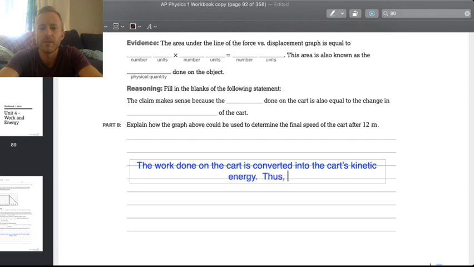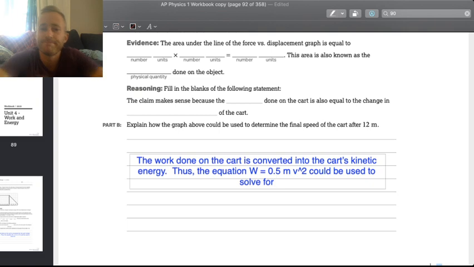Thus, the equation work equals 1/2 mv squared could be used to solve for v. So that's what I would do. And you actually had a test problem like that way back in the first semester.